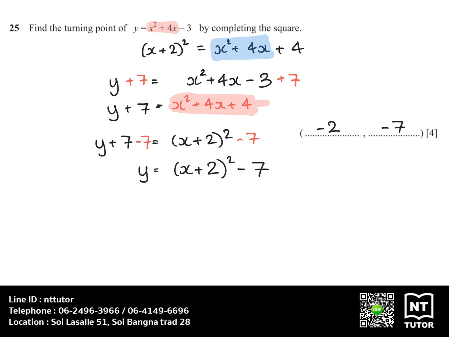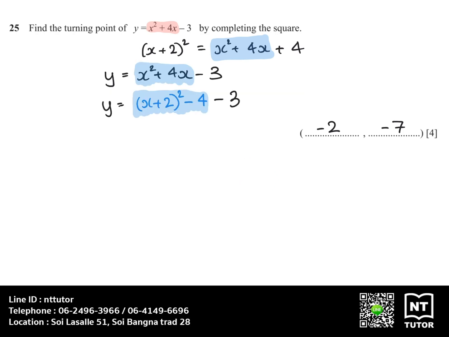Another way that we can complete the square is by turning the x squared plus 4x part into x plus 2 squared right away. And we need to minus 4 there, or to minus this 4 away, because that's what we did not have at the beginning. So if we minus 4 away from it, we're keeping the value the same. x squared plus 4x is equal to x plus 2 to the power of 2 minus 4, and the minus 3 is still there.